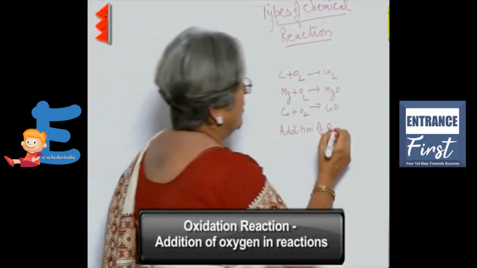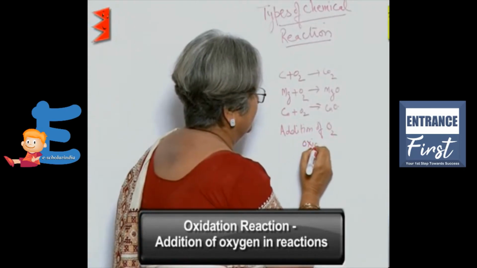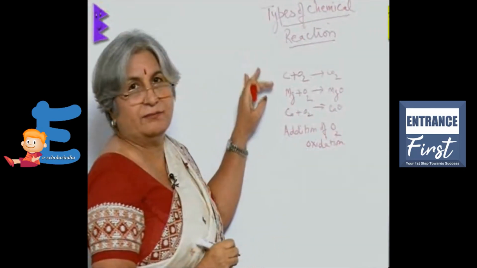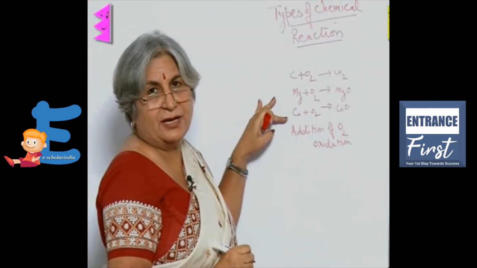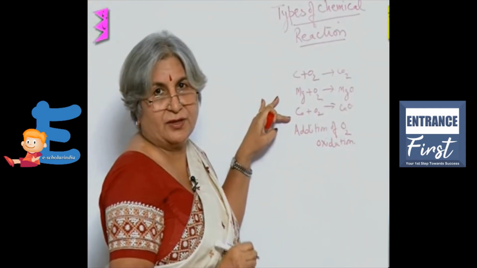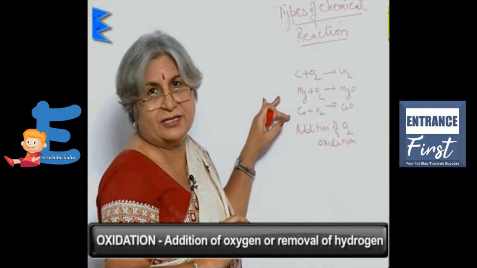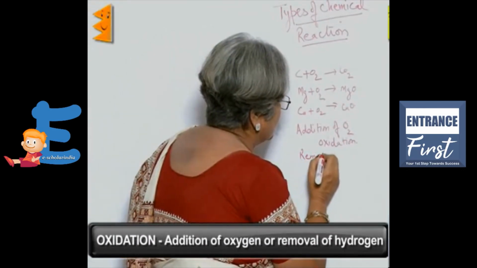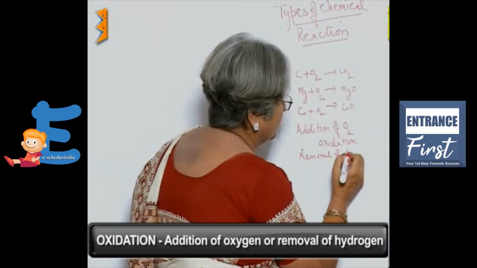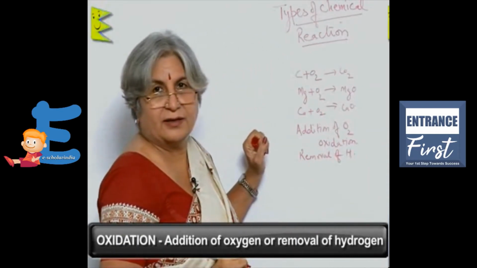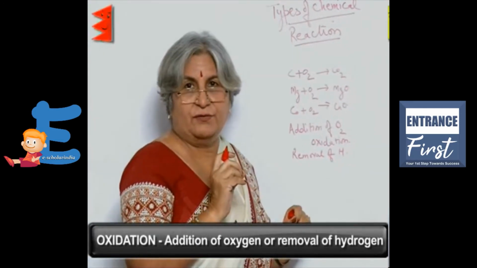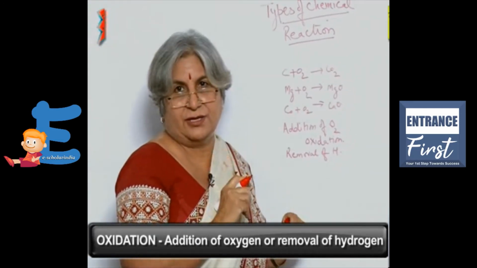This is called oxidation. So we can say here carbon, magnesium or calcium has been oxidized. Oxidation is not only addition of oxygen. Removal of hydrogen is also oxidation. So either addition of oxygen or removal of hydrogen means oxidation.